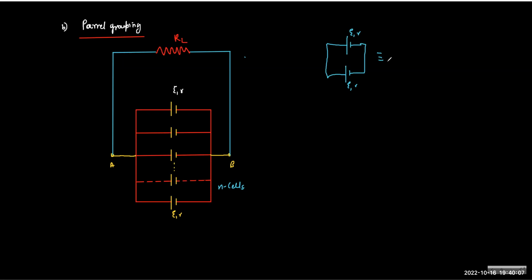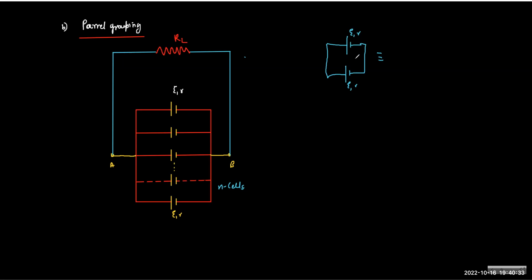Oh, current will be there. Are you sure? In this loop, can we have current? No, voltages are equal and opposite. Yeah, so they will cancel out. There is no question of current.